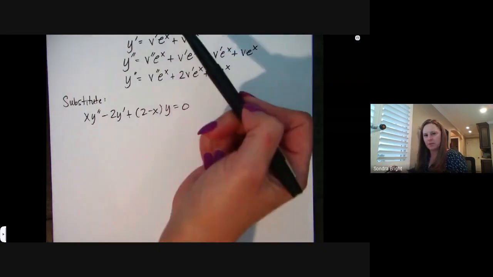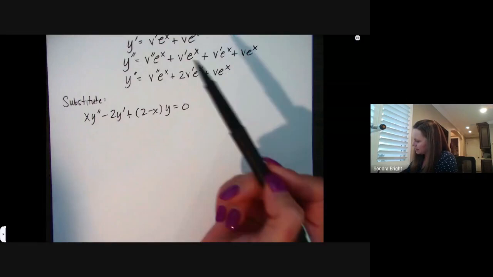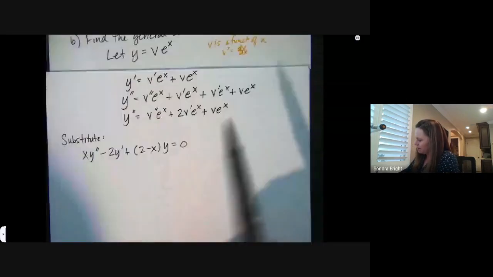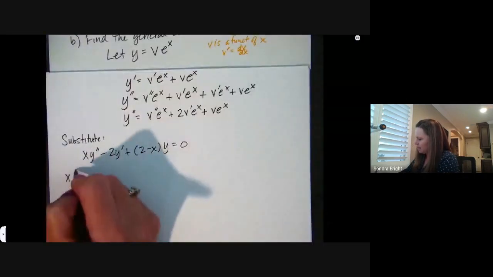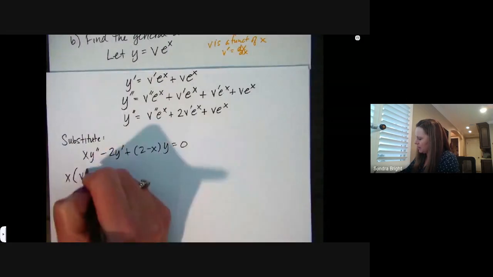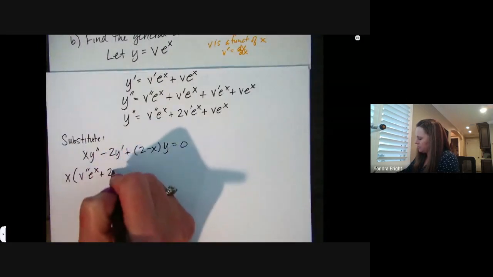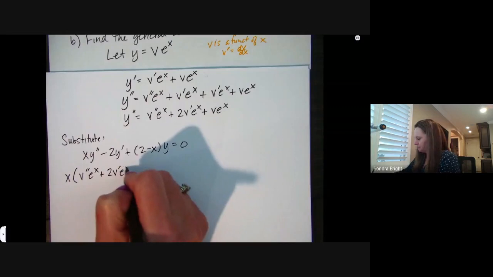There we go. Okay, so I've got an x times the quantity v double prime e to the x plus 2v prime e to the x plus v times e to the x.